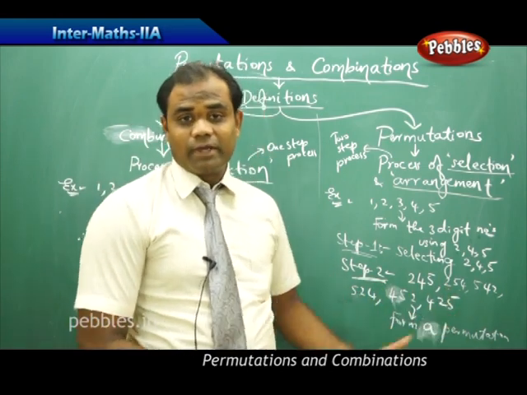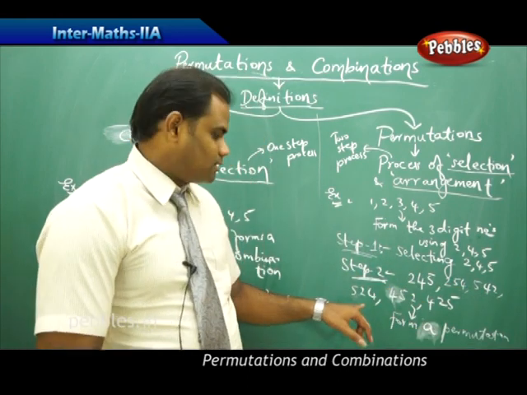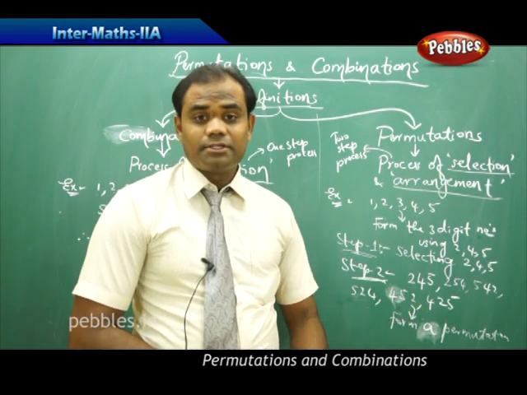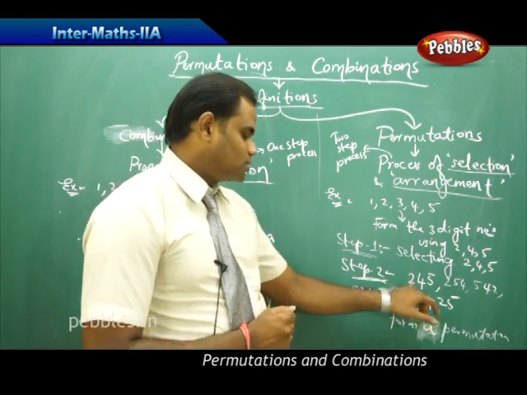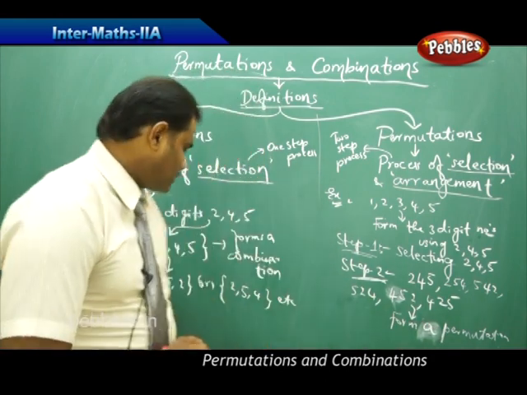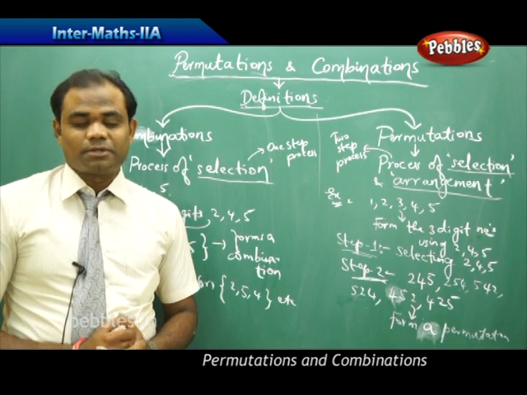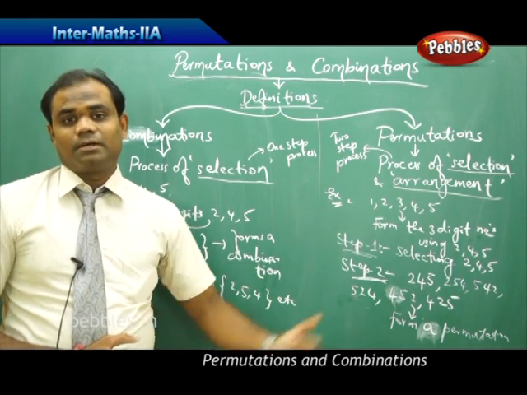All 6 possible ways through which I can arrange the 3 digits into a 3-digit number using the different possible arrangements. And this forms a permutation and this forms a combination, which is how we understand the difference between a permutation and a combination in a real life example.